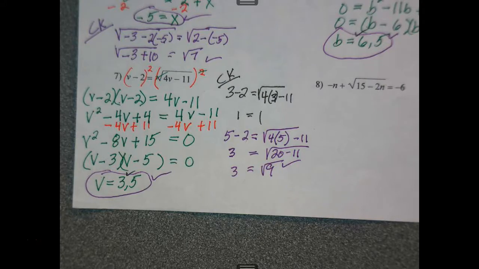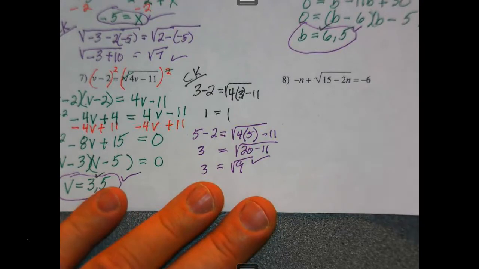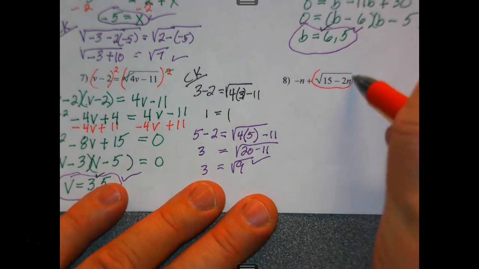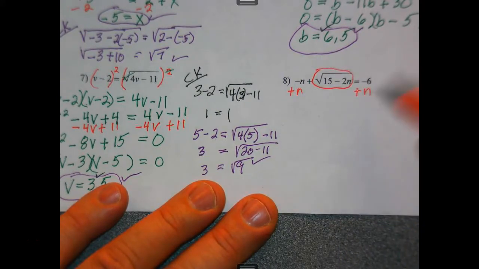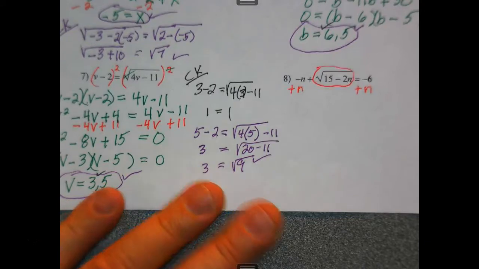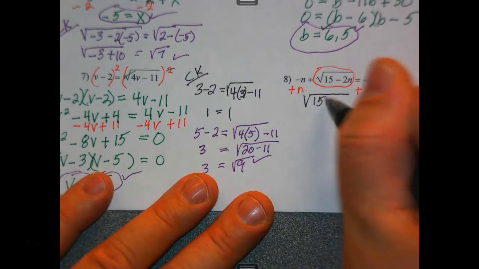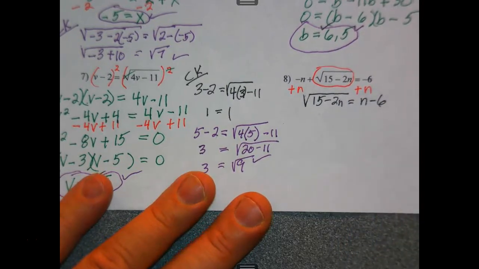And the last new problem I'm doing for this year. Yay. All right, number 8. I have to get the radical by itself first, so I'm going to add n to both sides. So I get the square root of 15 minus 2n equals n minus 6.